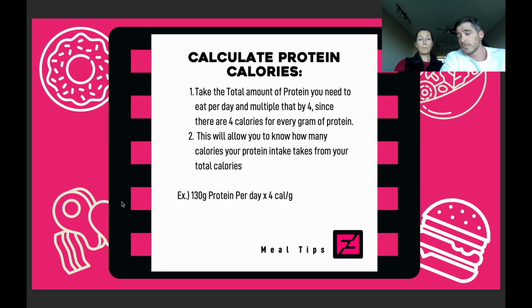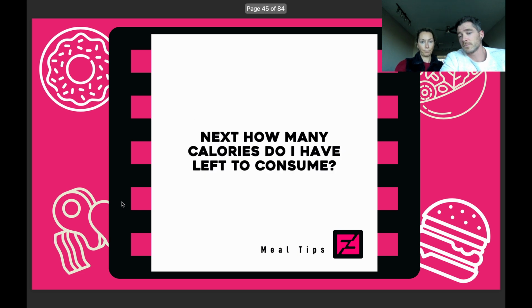So if we take the example, eating 130 grams of protein per day, and we multiply that by 4 calories per gram, then our total protein calories are 520 calories.